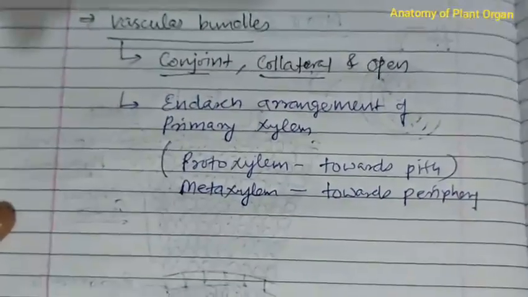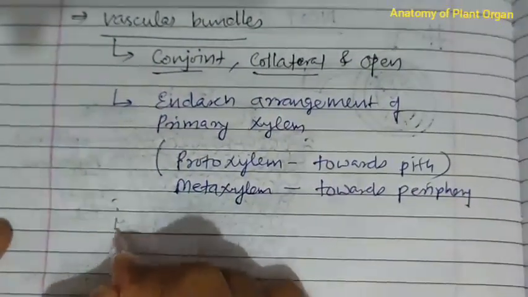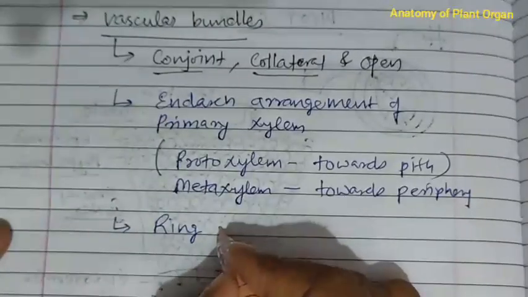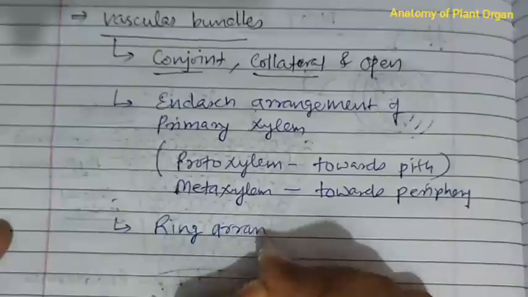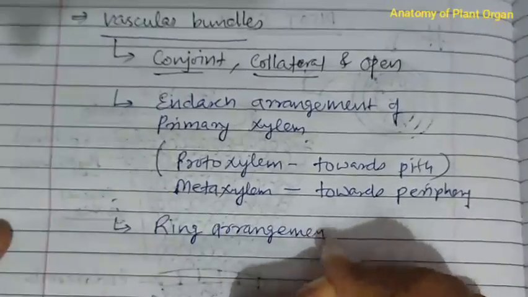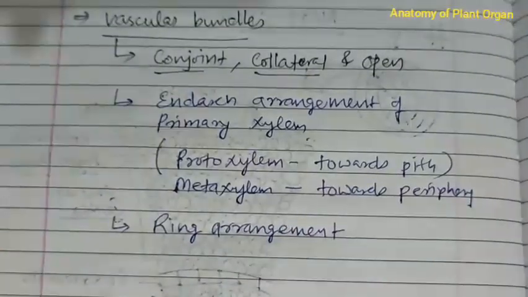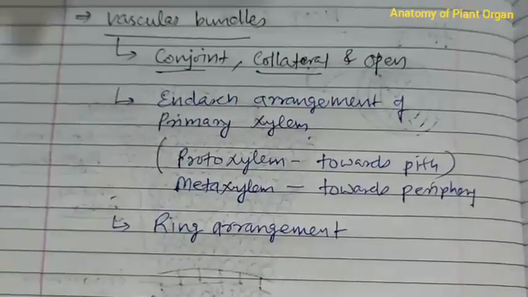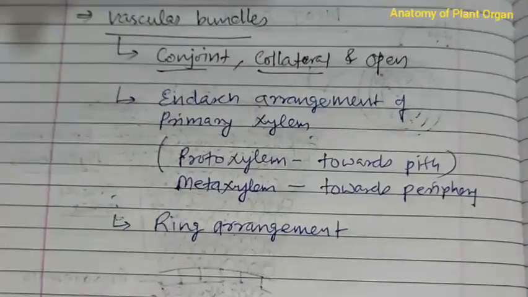So such type of arrangement is found in case of the vascular bundle. This vascular bundle arrangement is known as the ring arrangement of vascular bundles. And due to the presence of cambium, this vascular bundle helps in what? Secondary growth. Okay.